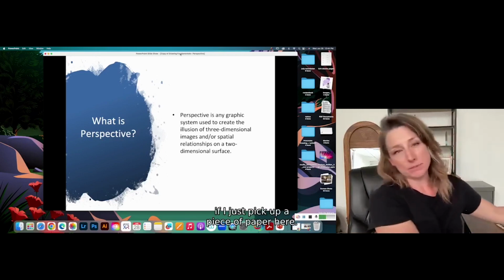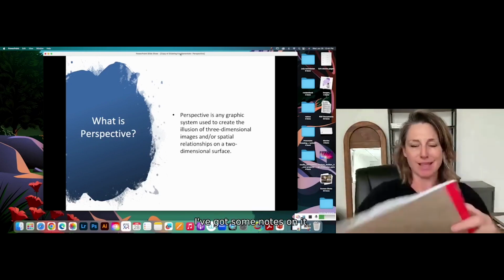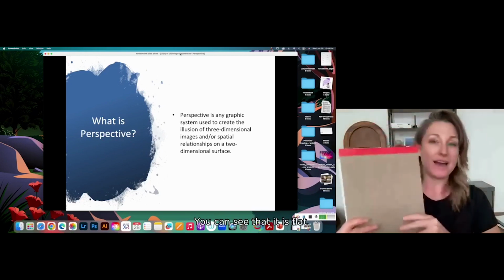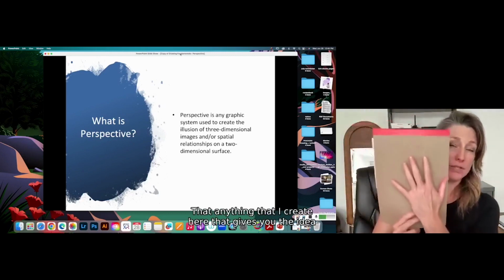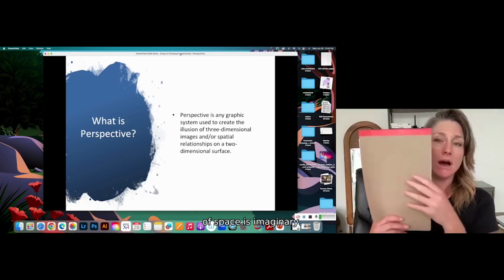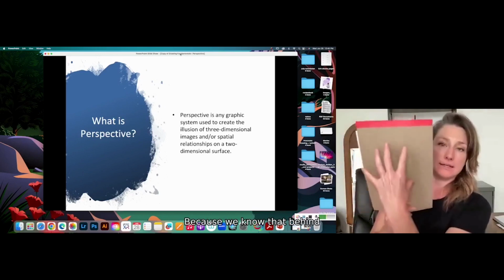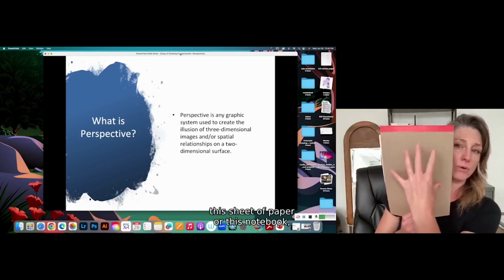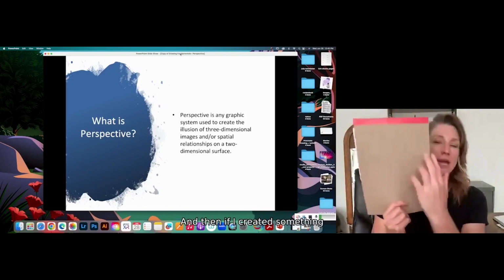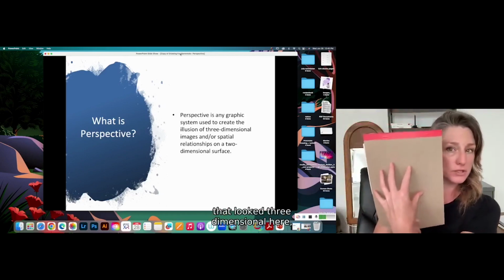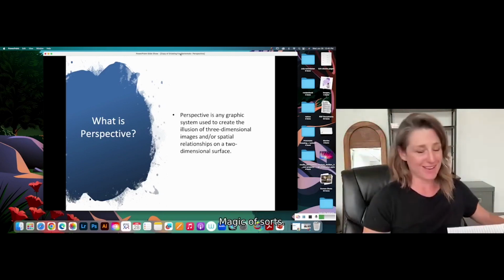If I just pick up a piece of paper here, my notebook, I've got some notes on it, you can see that it is flat and that anything that I create here that gives you the idea of space is imaginary, because we know that behind this notebook there's really nothing here, right? So it's actually a flat item. And then if I created something that looked 3-dimensional here, I would be creating an illusion for you. Kind of magic of sorts.